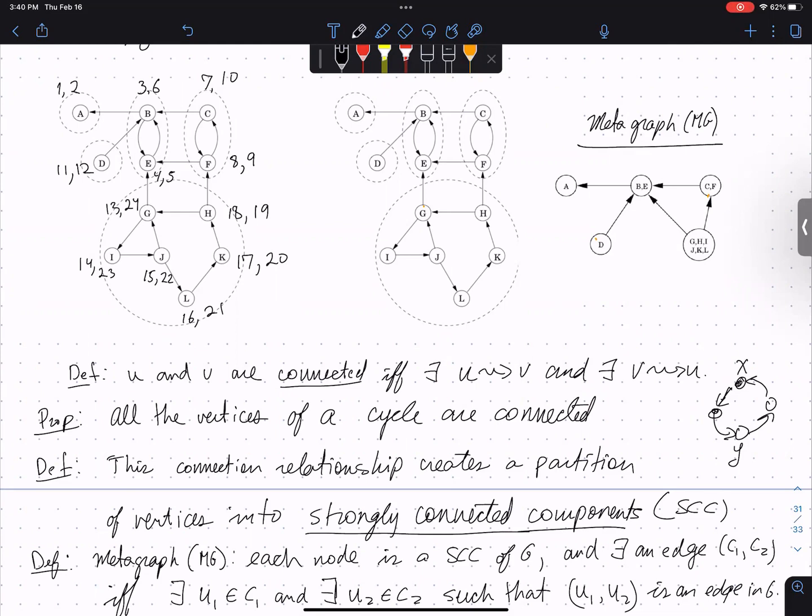Let's say I look at the metagraph, and I'm going to call these vertices sources and sinks. A source has no incoming edges, and a sink has no outgoing edges. This is a general term used for graphs, sources and sinks.